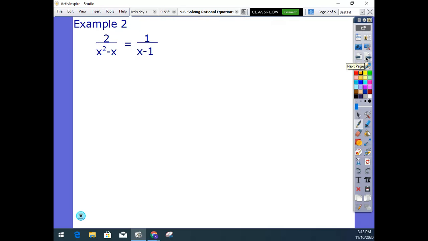All right. So let's look for those excluded values right away just to get them taken care of. So the first thing you notice is to figure out what makes x squared minus x equal 0, really I wanted to say not equal 0, right? And to figure that out, we just factor.